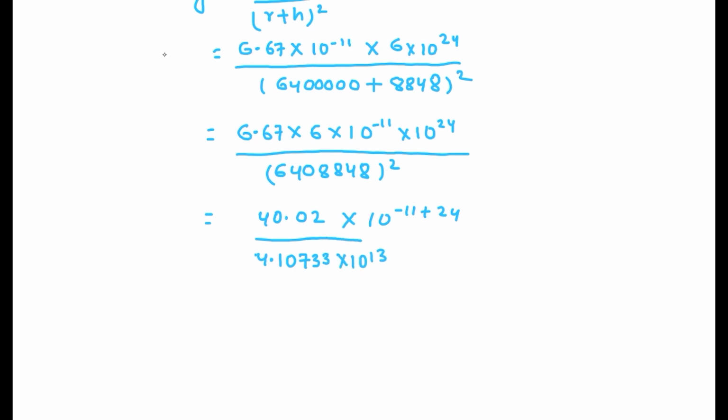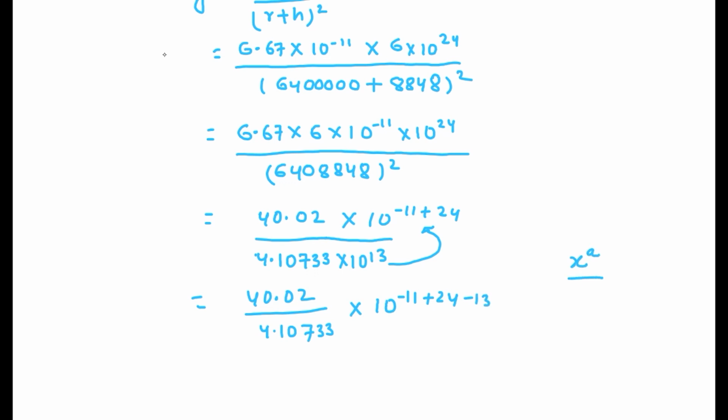So 40.02 divided by 4.10733 into, here 10 to the power minus 11 plus 24 and this 13 minus 13. We have the rule of indices: x power a by x power b, when base is same, then it should be subtracted, a minus b.